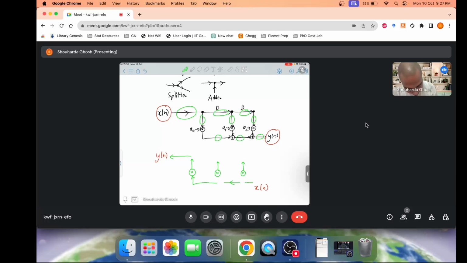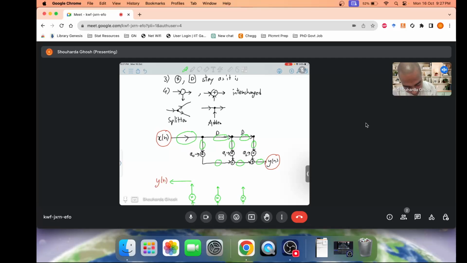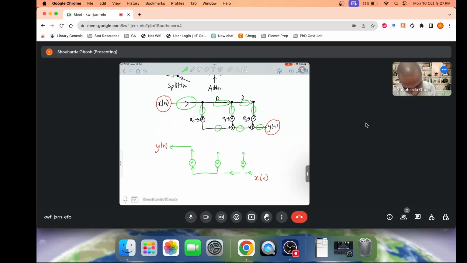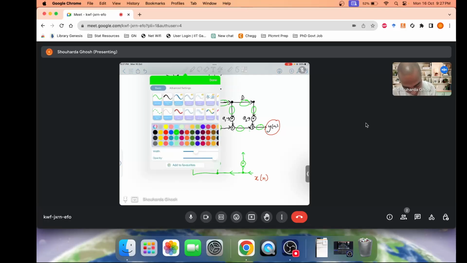And finally what do we do? Replace the adders over here with splitters, and the splitters over here with adders. Let me do color coding.